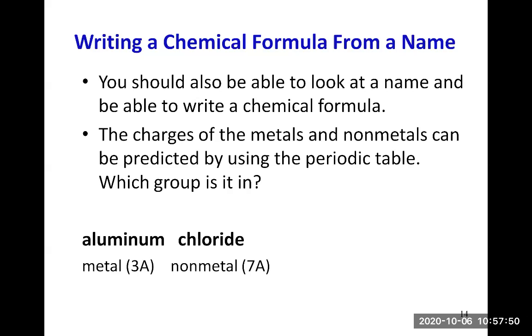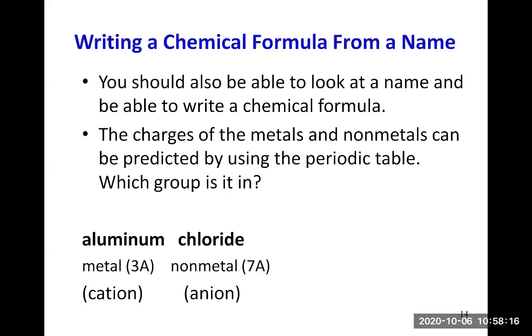Aluminum is in group 3A, and chlorine is in group 7A. They are both predictable ions because aluminum in group 3A is always making a 3+ ion. And for the non-metals, you do the group number minus 8, and it's the charge.